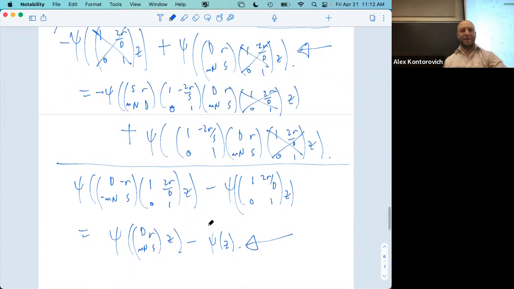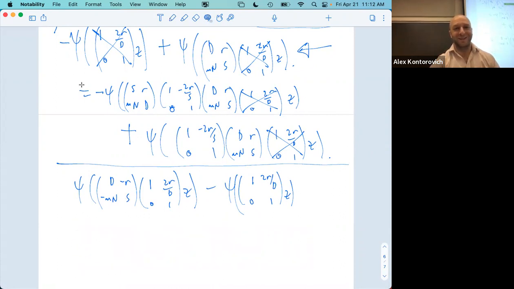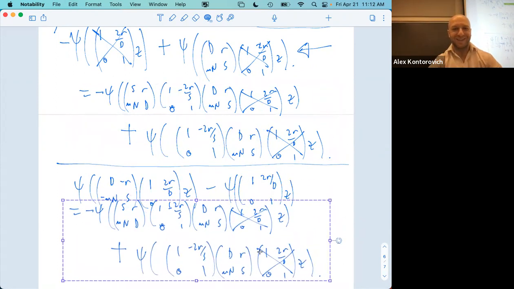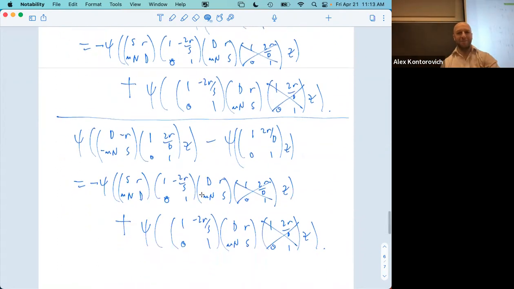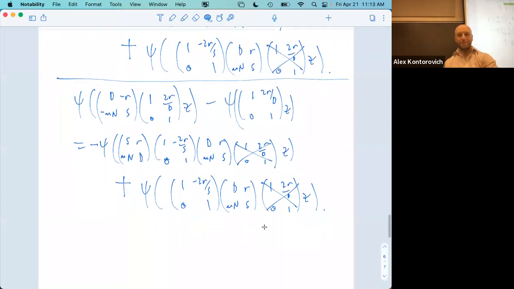Now I'm happy. That means I can leave the top line and replace and get rid of this. No, three wrongs make a right. This is equal to this. Okay, have I convinced you that this top line is equal to this line?